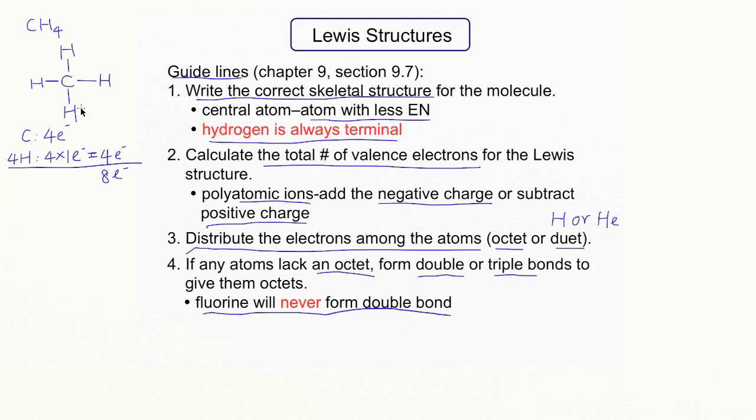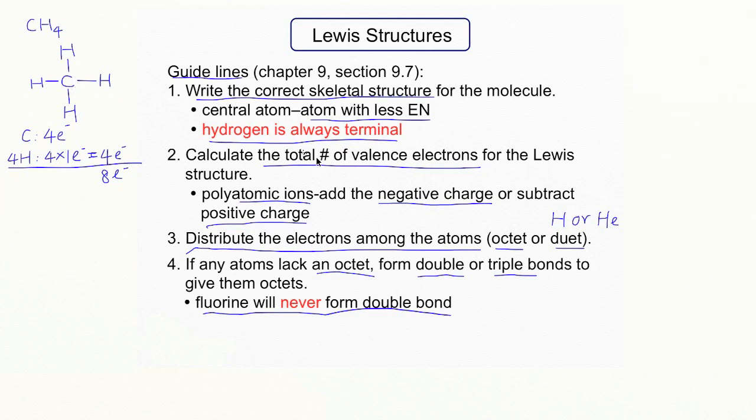So we need to just double check whether everybody's happy or not. Hydrogen shares 2 electrons with carbon, so hydrogen has 2 electrons. So it satisfies the duet rule. All 4 hydrogens have 2 electrons, so all 4 of them are happy. For carbon, because you have 4 C-H single bonds around the central carbon, the total number of electrons around the carbon is 8.